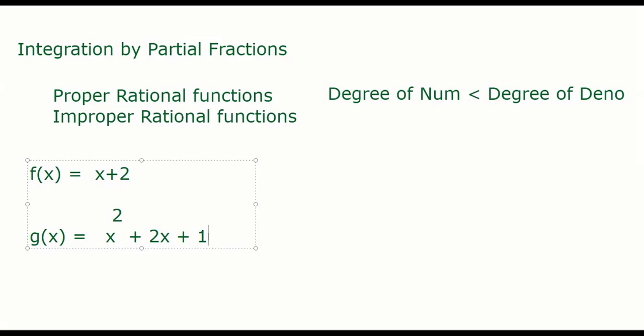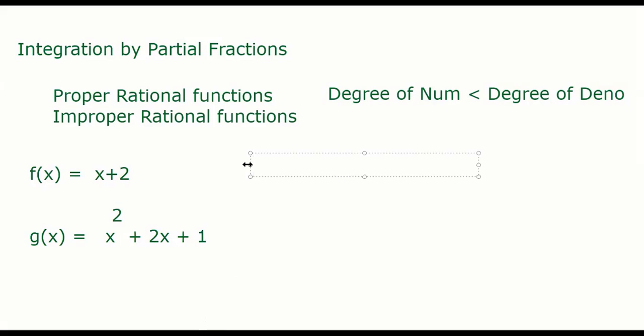What is the degree of f(x), guys? Tell me on chat, everyone. What is the degree of function f(x)? Degree of function f(x) is 1. What is the degree of function g(x)? 2. 2 is the degree of function g(x).